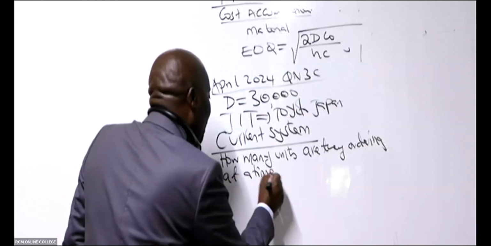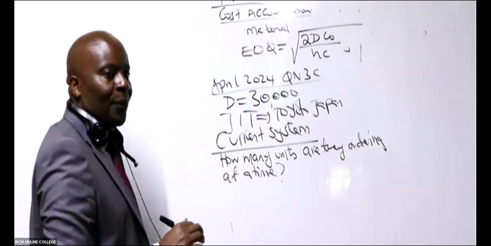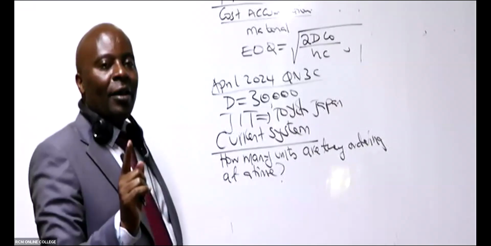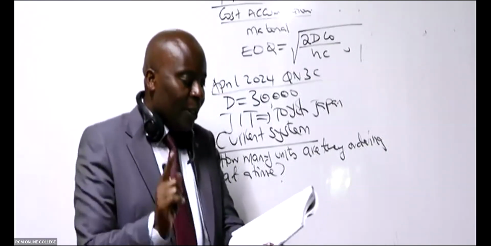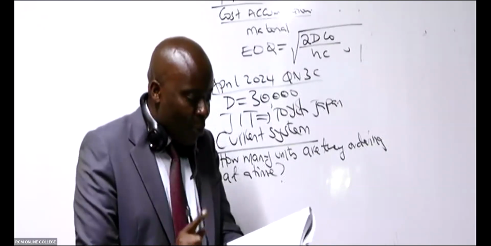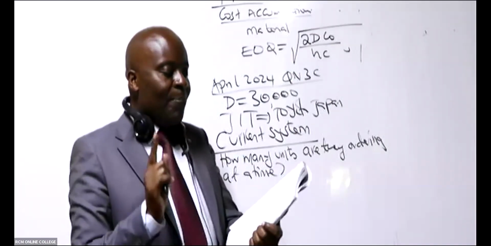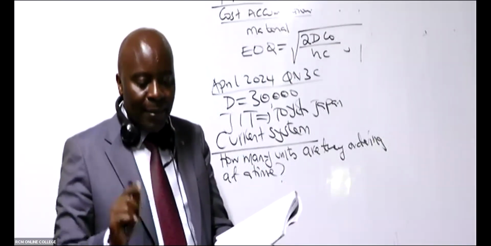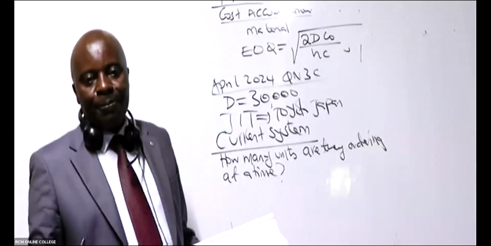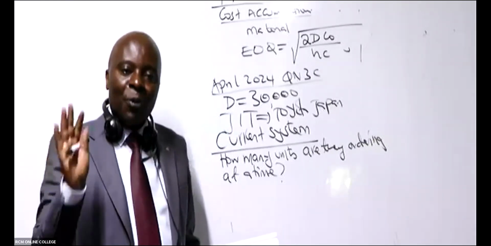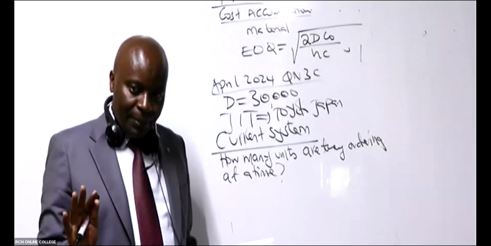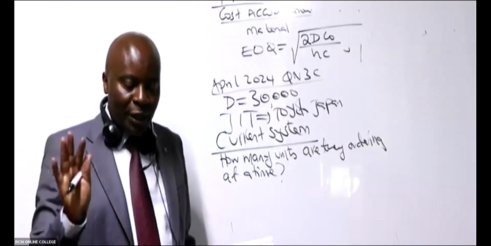This is really important for us. For the proposed system, if you read note number 3, they have told us that every time they order, they place an order over 4,000 units at a time. That's what they've told us for the proposed system.